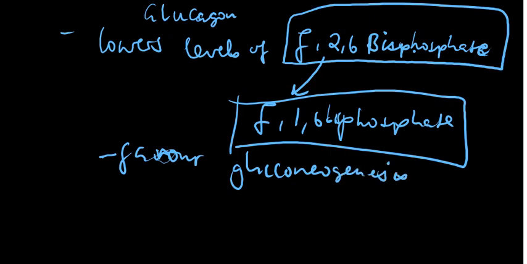Okay, this is the reaction that's going to be favored. Another thing that you're going to notice about glucagon is it elevates cAMP levels, cyclic AMP. And it also has to do with the cAMP-dependent protein kinase activity.